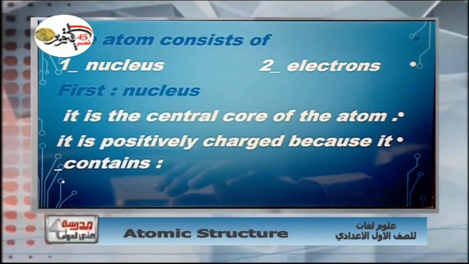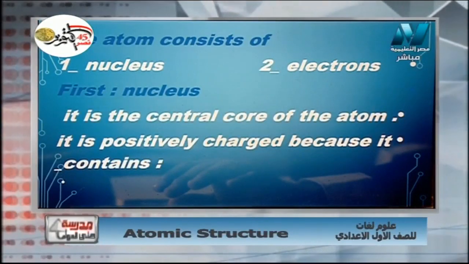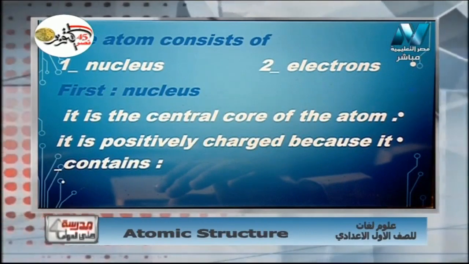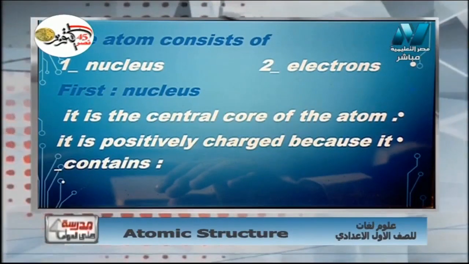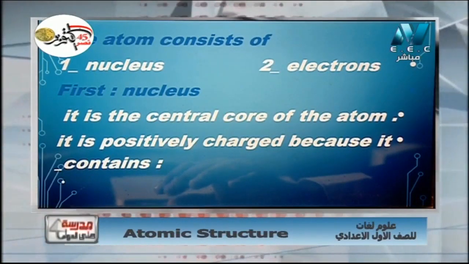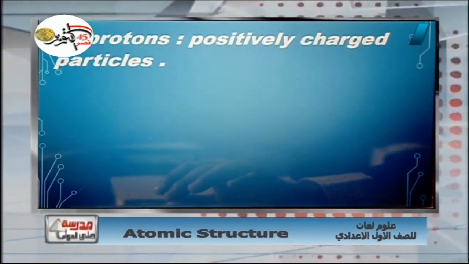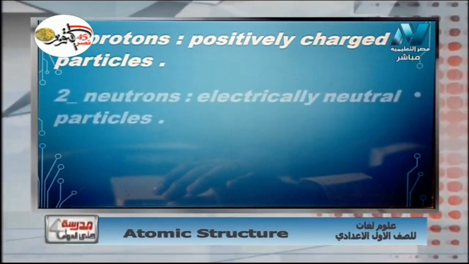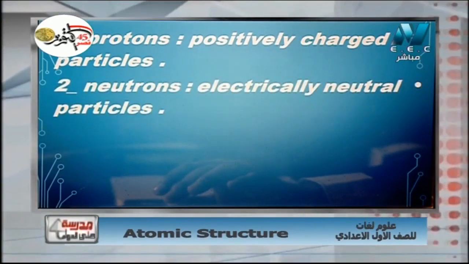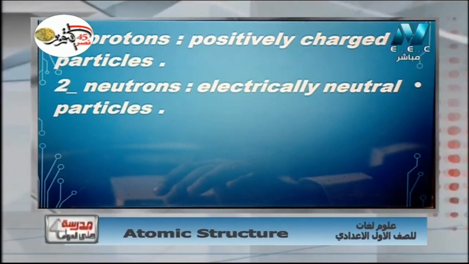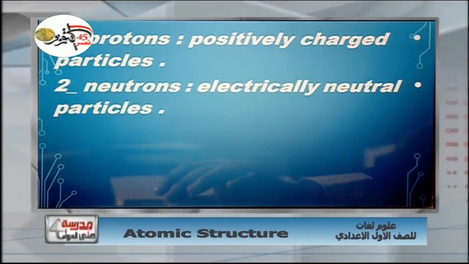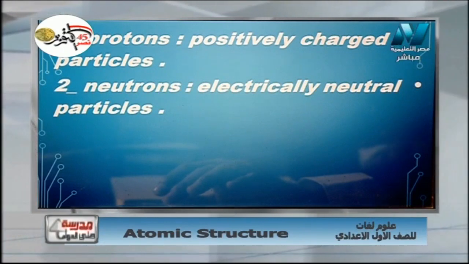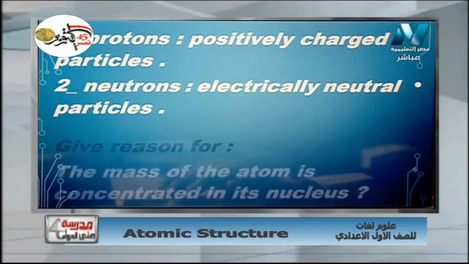First, the nucleus is the central core of the atom. It is positively charged. Why is it positively charged? Because it contains 2 types of particles. Number 1, protons, positively charged particles. Number 2, neutrons, electrically neutral particles, meaning they have no charge, not positive, not negative.